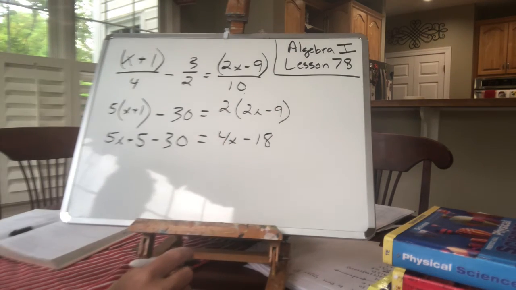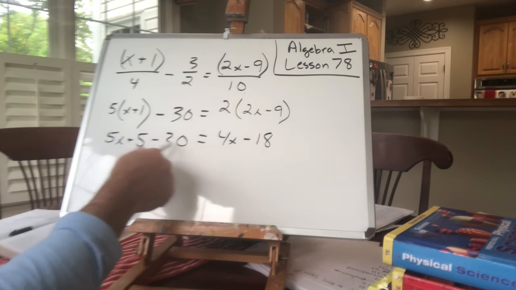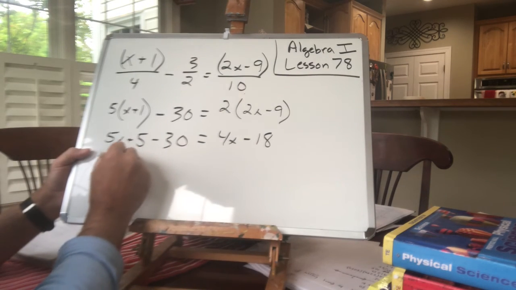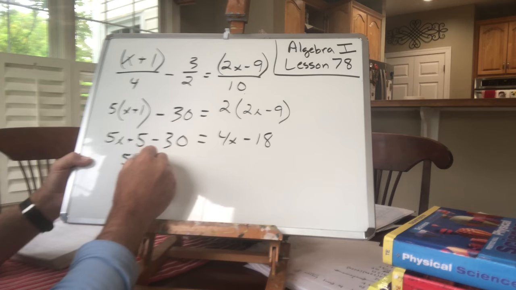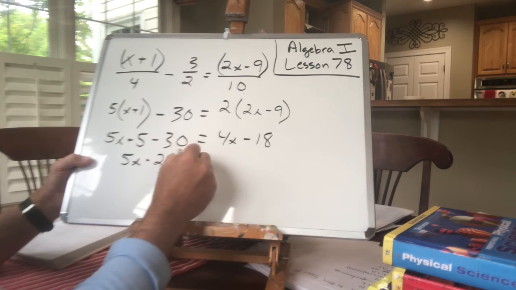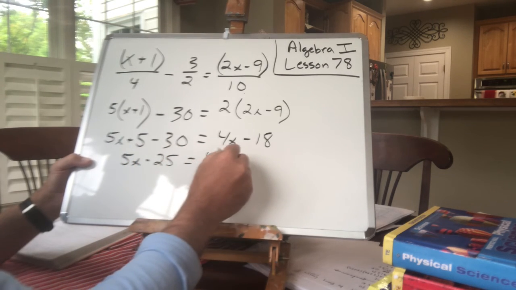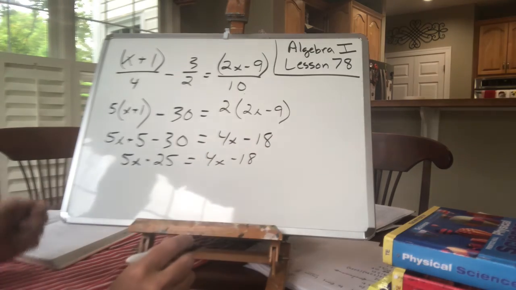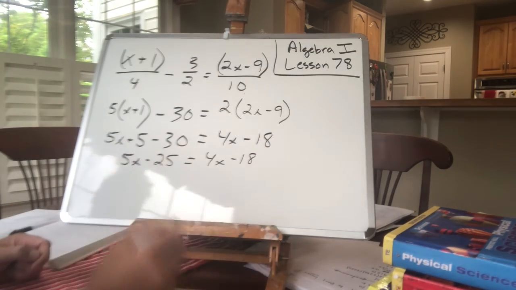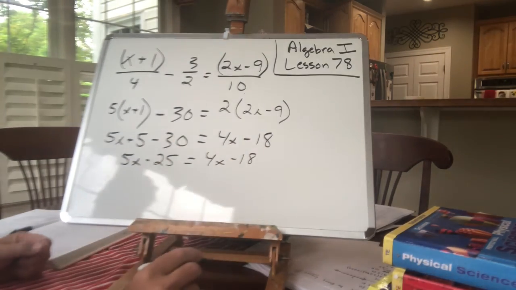Now I want to combine like terms when I have them. 5 minus 30, this will be 5x minus 25 equals 4x minus 18. Move the x's over to one side, move the numbers over to the other side. Okay?